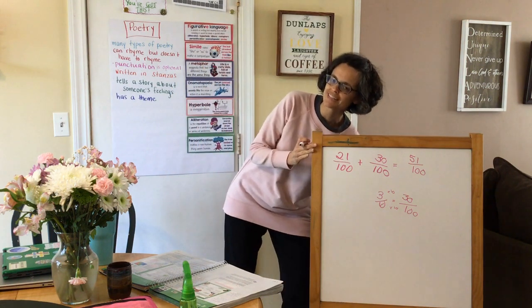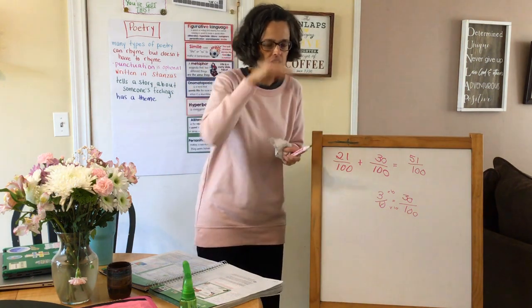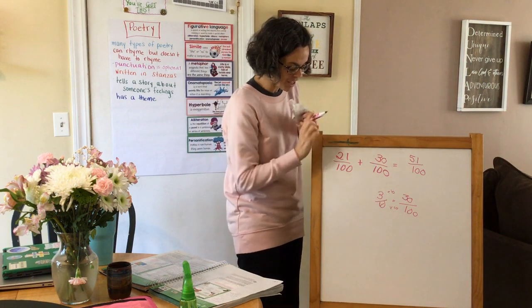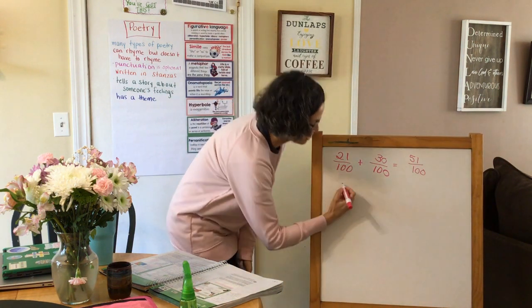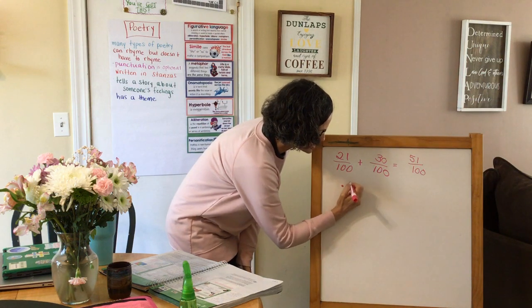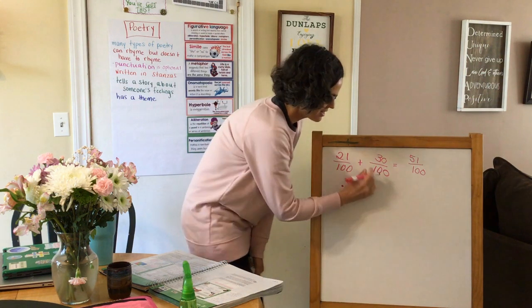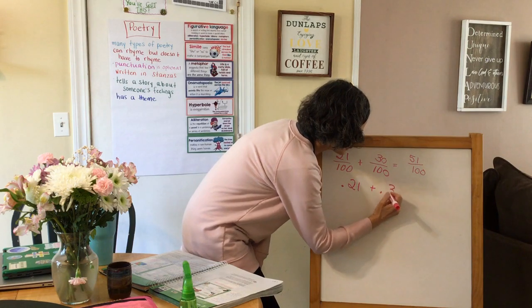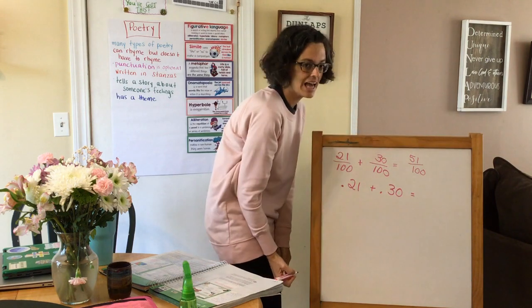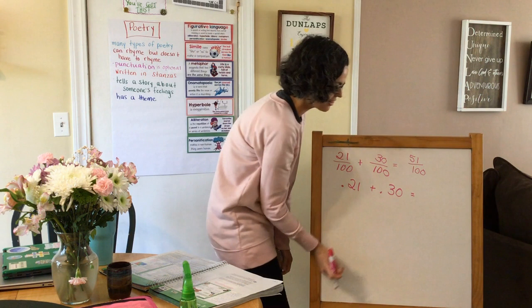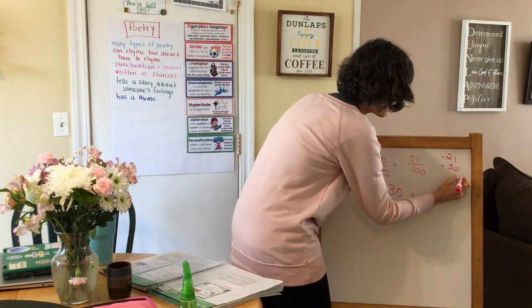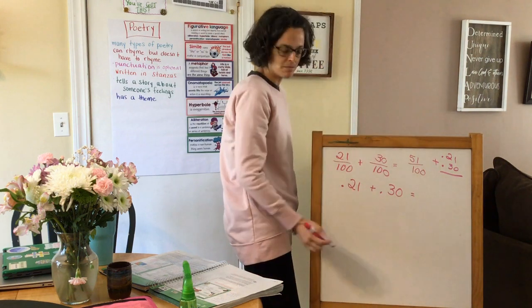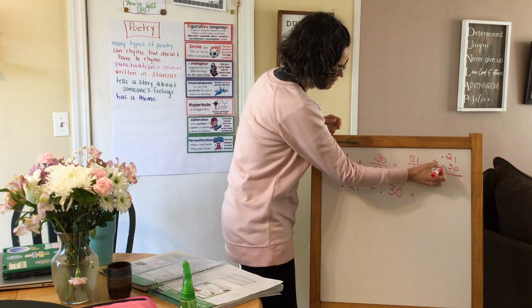Just want you to realize that this is preparing you for next year, when you change 21 hundredths to a decimal. Next year you're going to learn that 21 hundredths is written like this, and 30 hundredths is like this. The really cool thing about decimals is that you line them up based on their decimal point.